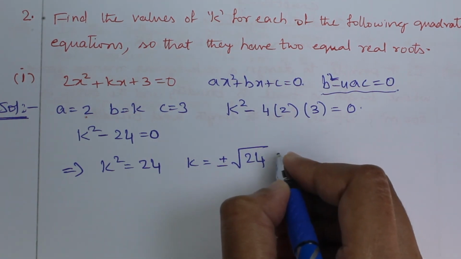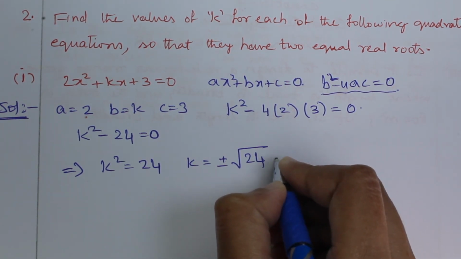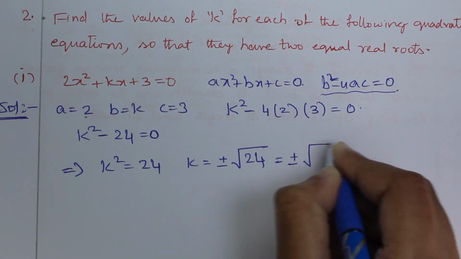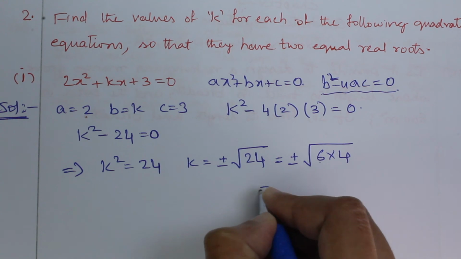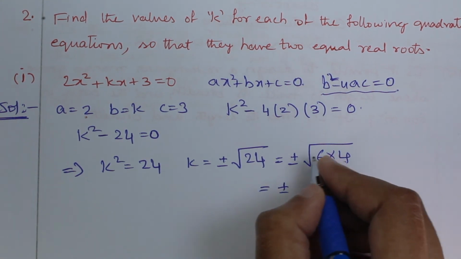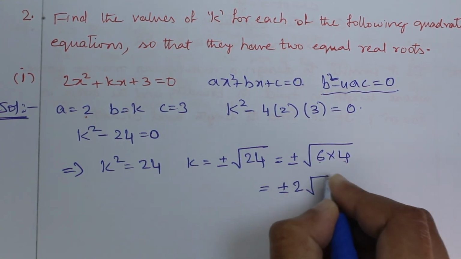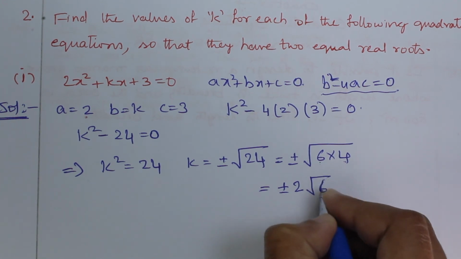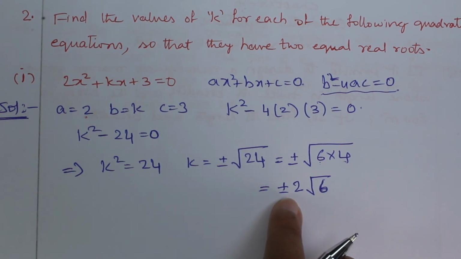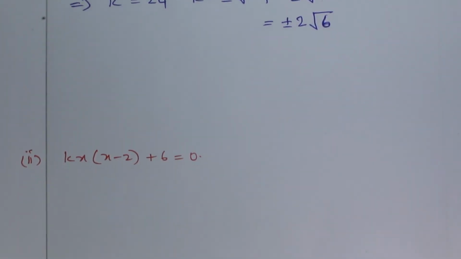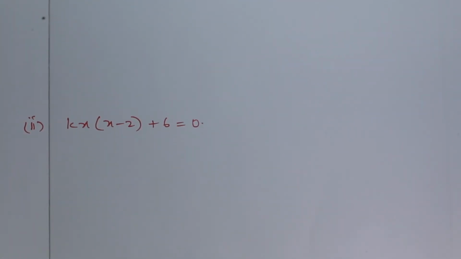So what's the value of 24? 24 can be written as plus or minus 6 into 4, right? 6 4s are 24. So it becomes plus or minus 4 comes to outside, it becomes 2 square root of 6. Okay, this is the answer for the problem. The value of k is plus or minus 2 root 6.